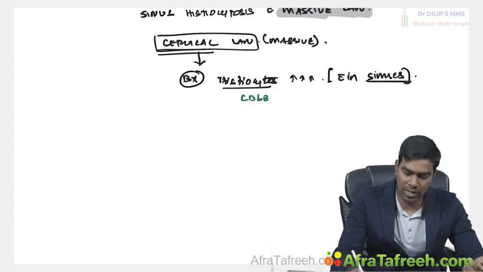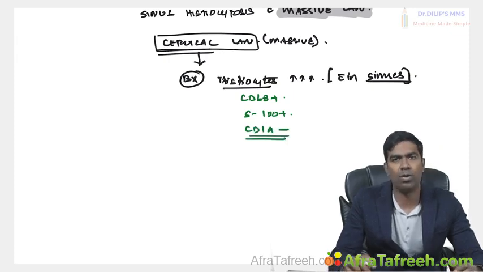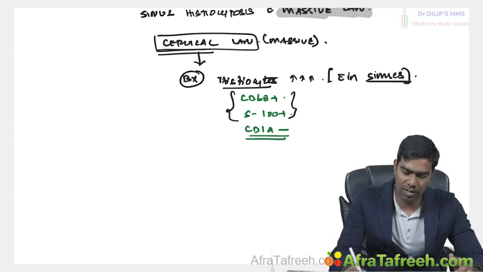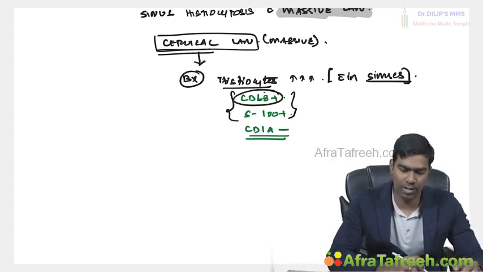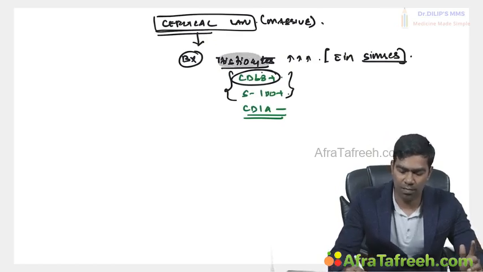They must be CD68 positive and S100 positive. At the same time, they should be CD1A negative, because CD1A positivity will go towards Langerhans cell, which is a dendritic cell. CD68 positive is a histiocyte marker, and S100 positive is again likely a histiocyte and dendritic cell marker. So this is the lymph node biopsy that you are going to see in this patient.